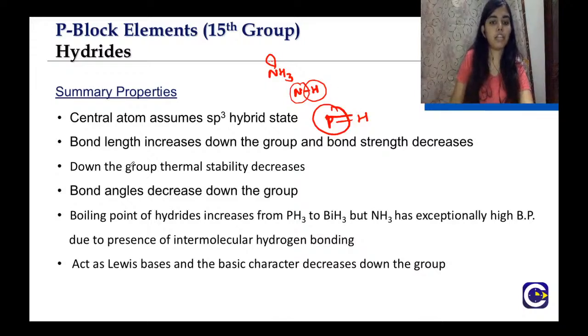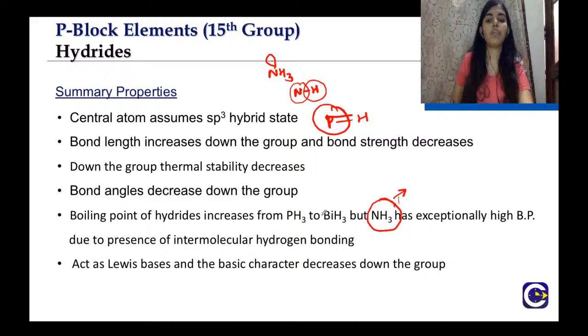This we have discussed. Thermal stability decreases and bond angle decreases down the group. We have done that. Phosphine, arsine and the lower members basically have a 90-degree angle because of Drago's rule, right? The boiling point of hydrides increases from PH3 to BiH3, but NH3 has an exceptionally high boiling point because NH3 shows intermolecular hydrogen bonding.